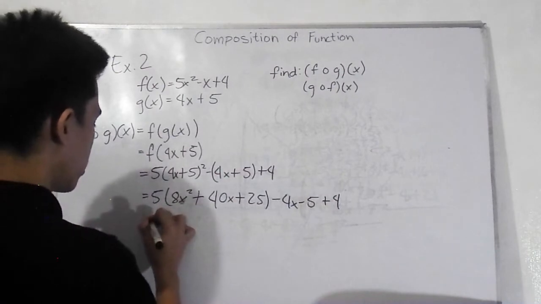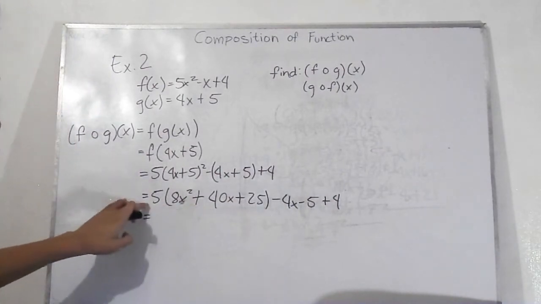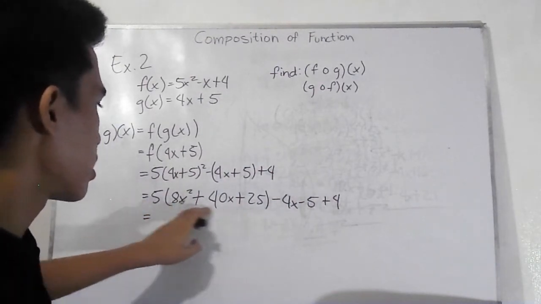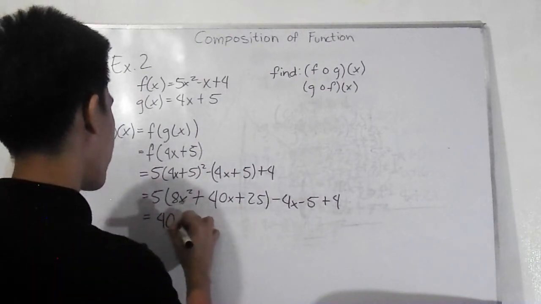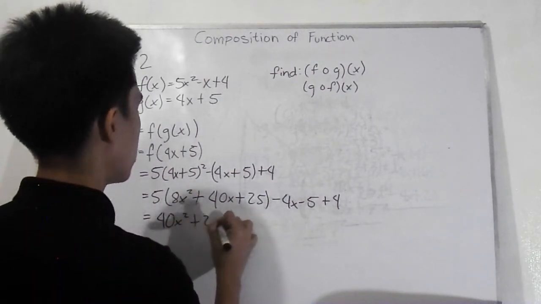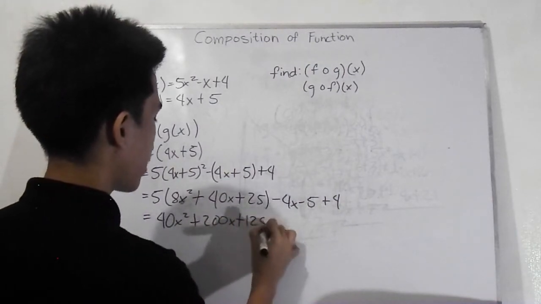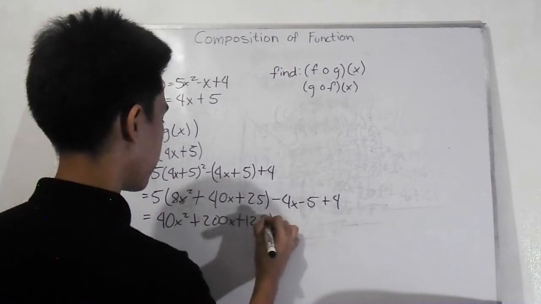So this 5 can be distributed in this parenthesis. So we have 40x squared plus 200x plus 125.